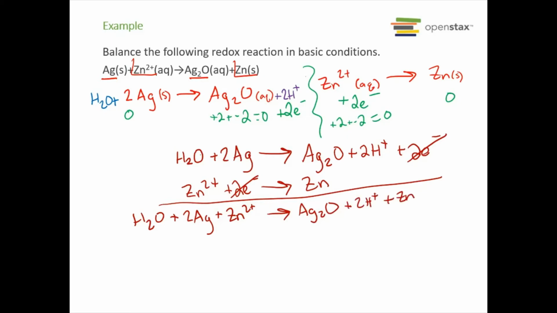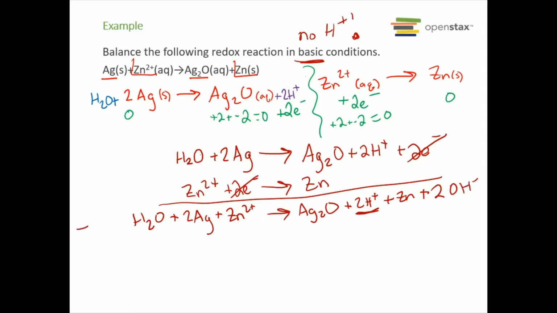And we're done, right? Nope. Nope, we're not. Basic conditions. That means no H plus. So, to get rid of H plus, our next step is to add OH minus to both sides of the reaction. So I have 2 H plus on the right, so I need to add 2 OH minus.